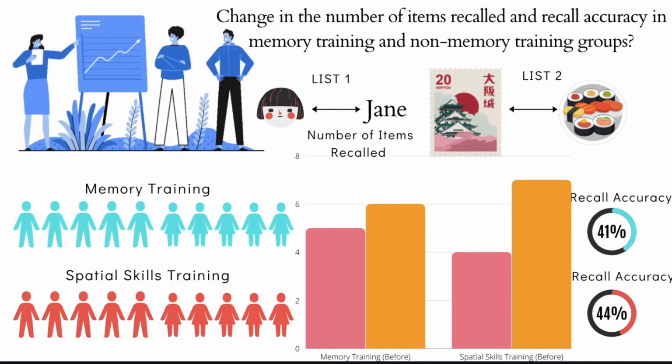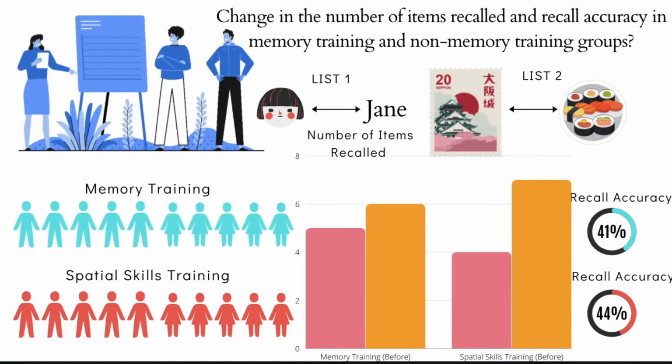Now we subject the participants in each of the groups to active training sessions. In the memory training, the participants learn about different strategies to better encode, store, and retrieve and recall information. In other words, they get better in their memory capacities. And in the spatial skills group, they learn how to better their spatial skills, which has got nothing to do with their memory at all.